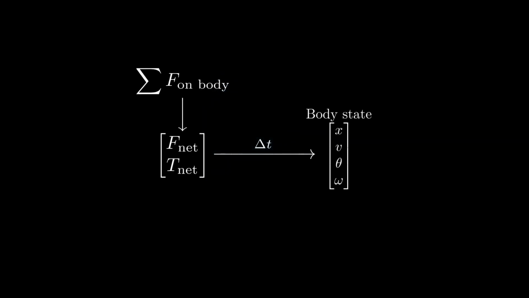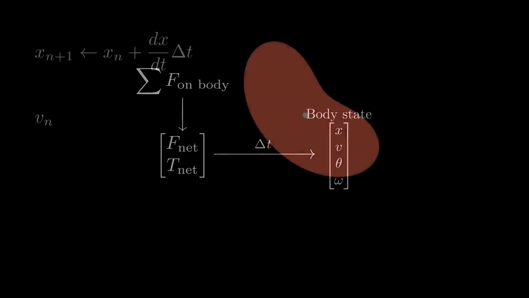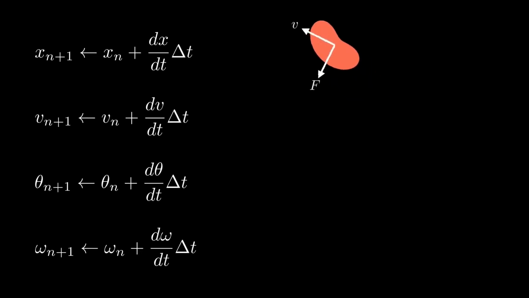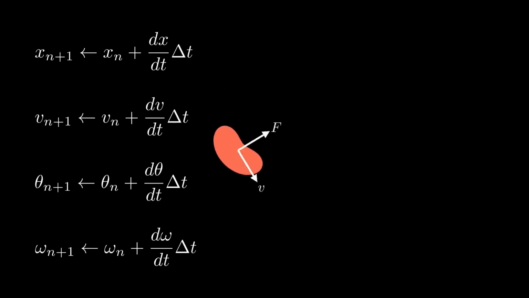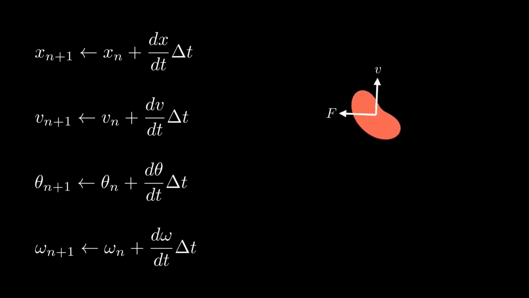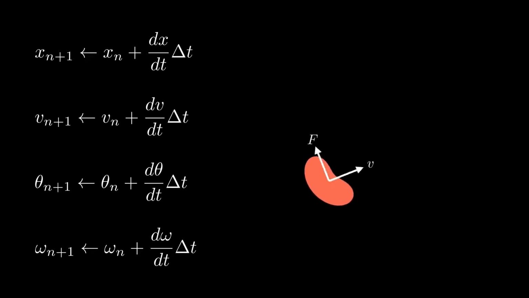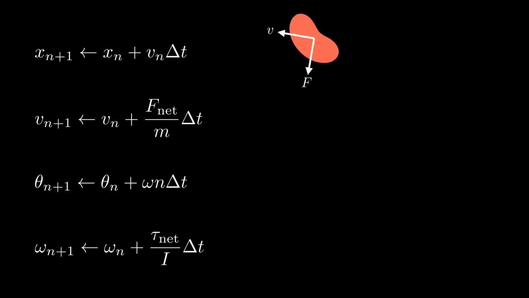This delta t is the time step of our physics system. We'll do what was explained earlier, where position and velocity are updated every time step based on the previous values of velocity and acceleration. The Euler method provides update equations we can use to iterate our object's position, velocity, rotation, and angular velocity.